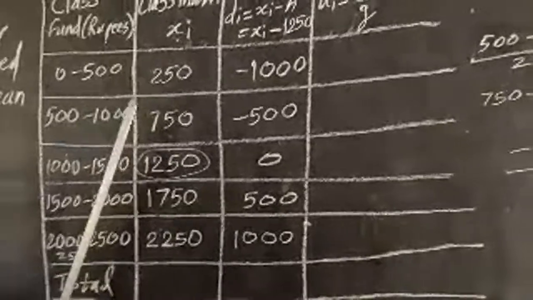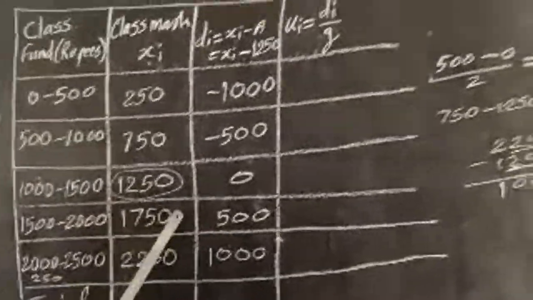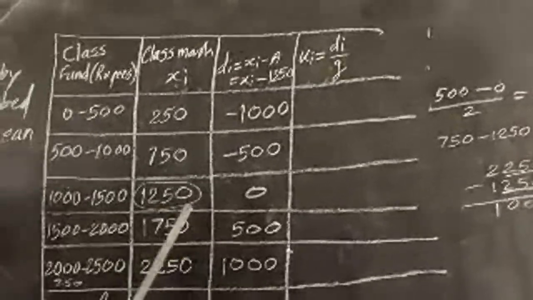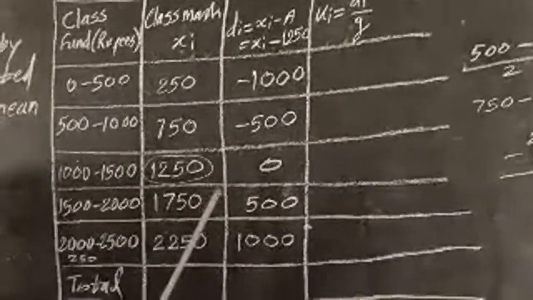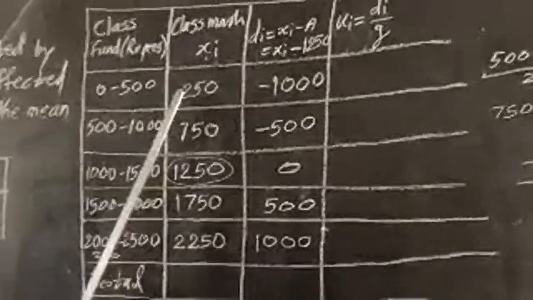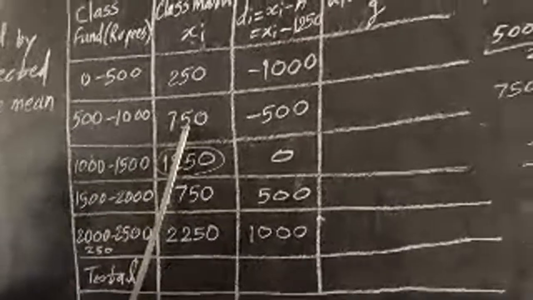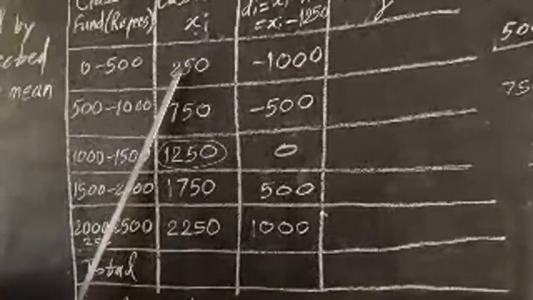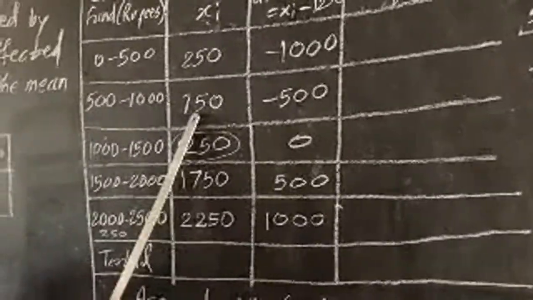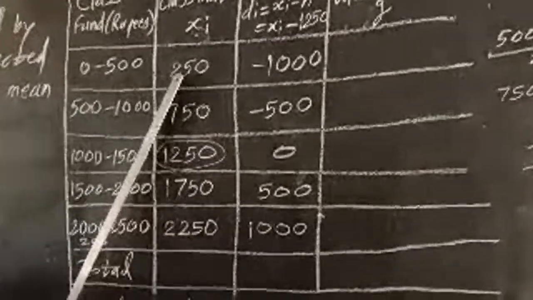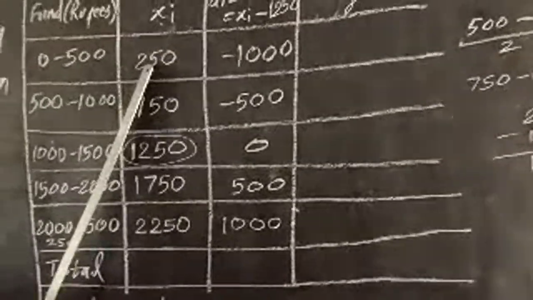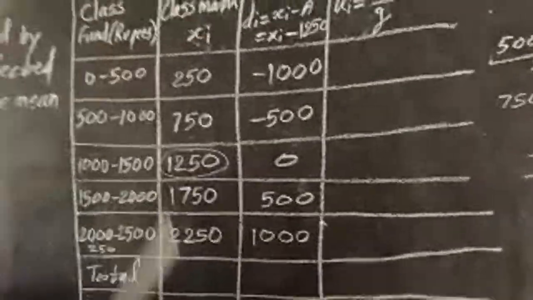After one we get two, not third. These are the two consecutive class marks. Then difference means subtraction. 750 minus 250. What we get? 500.